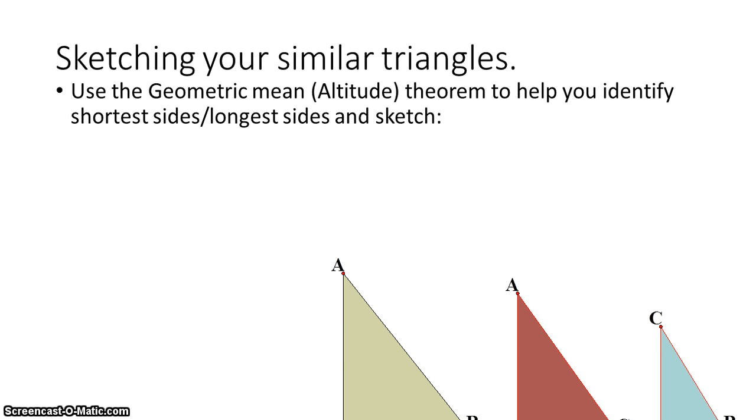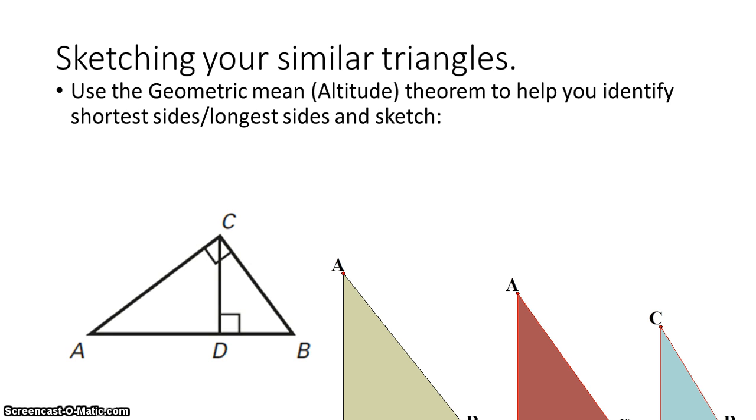Now we also reviewed that we could sketch each of these triangles, and that is totally fine if you want to do that. Let me show you how this relates. So if I have the original triangle and I create this large triangle, medium triangle, small triangle, I line up the long legs up here, the short legs down here, then I can compare long leg to long leg, short leg to short leg.